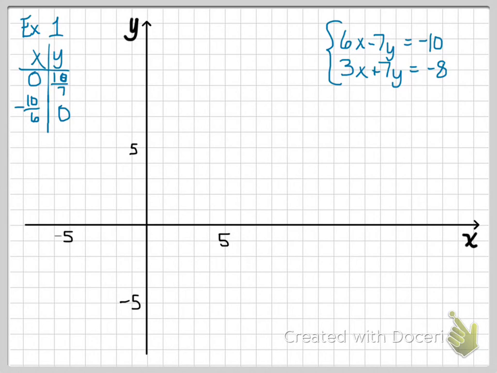So I could do that, or I can leave it how it is. So let's graph that one. So the first point is going to be at about 1 1/2. X is 0. The y-intercept is about 1 1/2. So that'd be about right there.